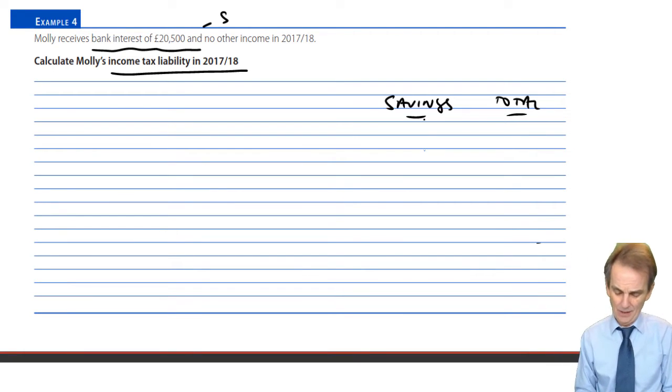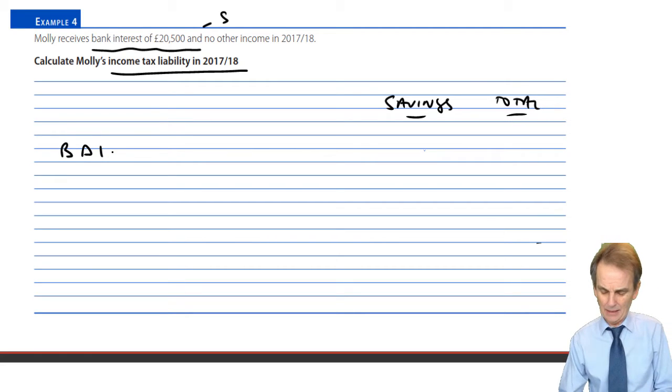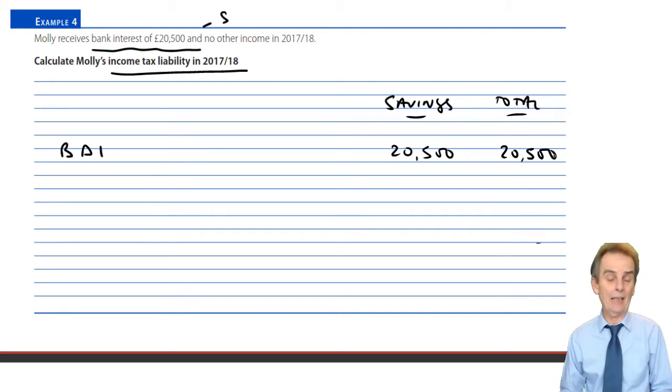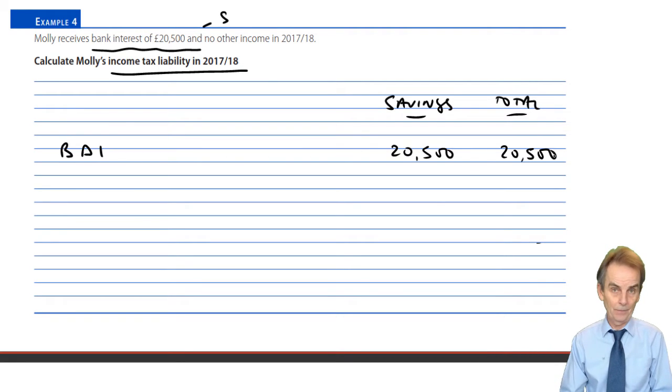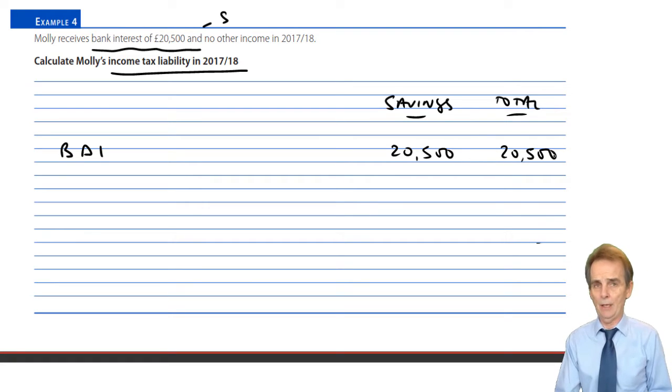So what have we got? We've got our bank deposit interest, 20,500. Again, of course, going into its analysis column, here clearly savings, and also the total column. That is the only source of income, so it's your total income, it is also your net income.